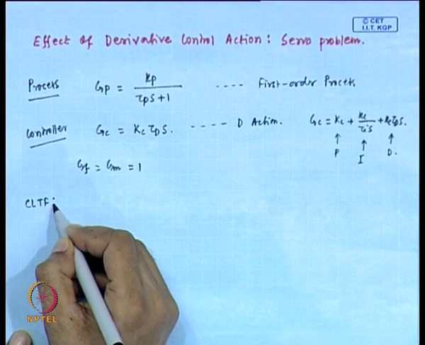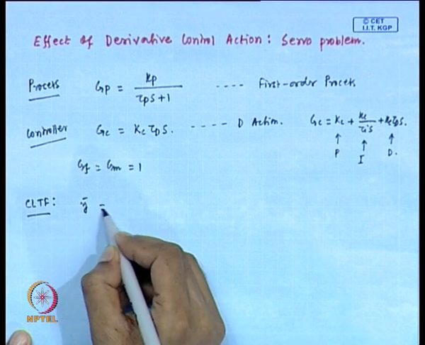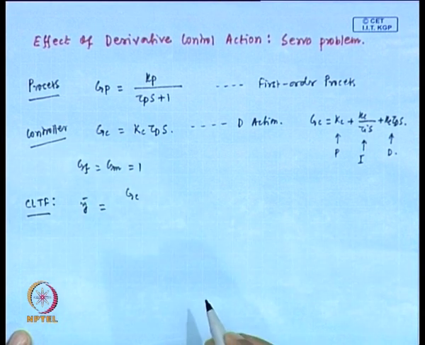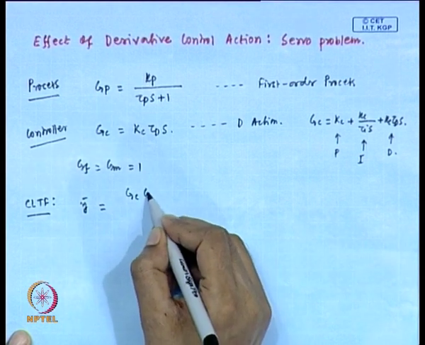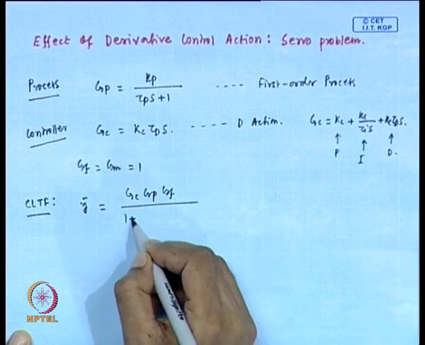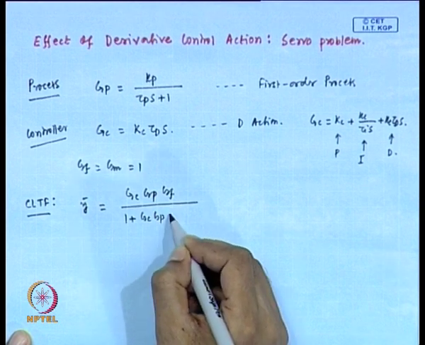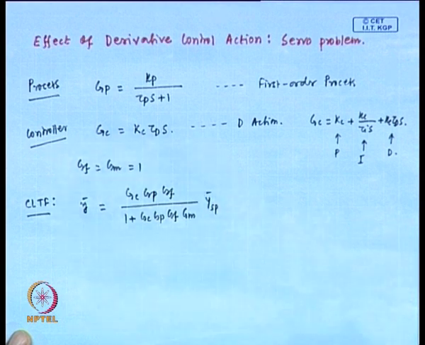Now we will try to develop the closed loop transfer function substituting all these individual expressions. The closed loop transfer function is expressed in generalized form as y bar equals Gc Gp Gf divided by 1 plus Gc Gp Gf Gm times y set point bar.